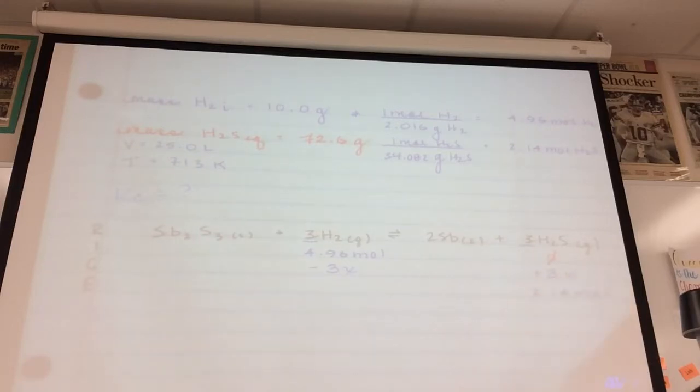Can you figure out what x is? And x here is 0.713.